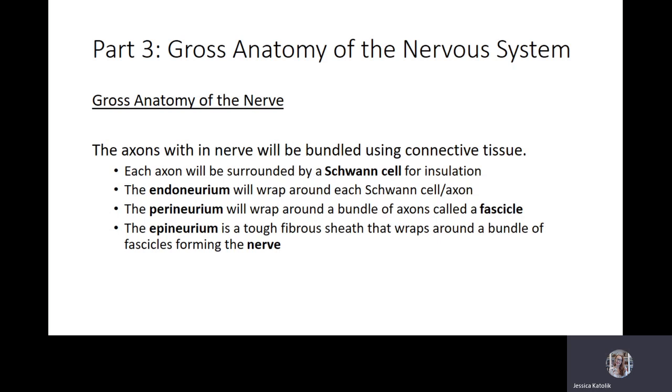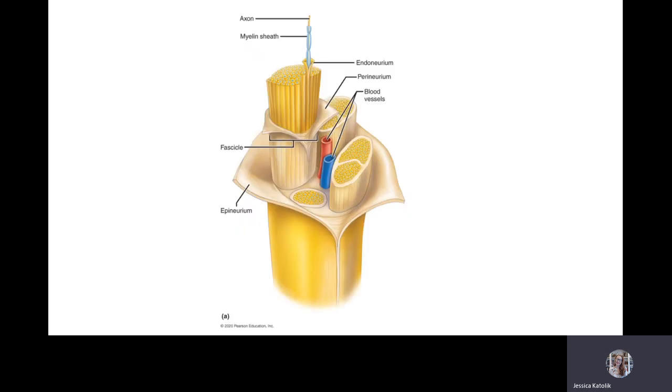Let's look at these features on a diagram. If you may, please follow my cursor. It is currently at the top by the axon. Over here we have an axon, which is that long structure that is part of a neuron. This axon is wrapped with a myelin sheath.